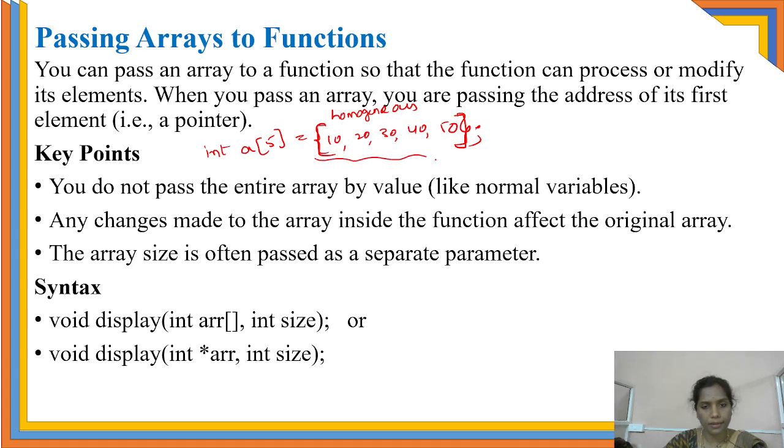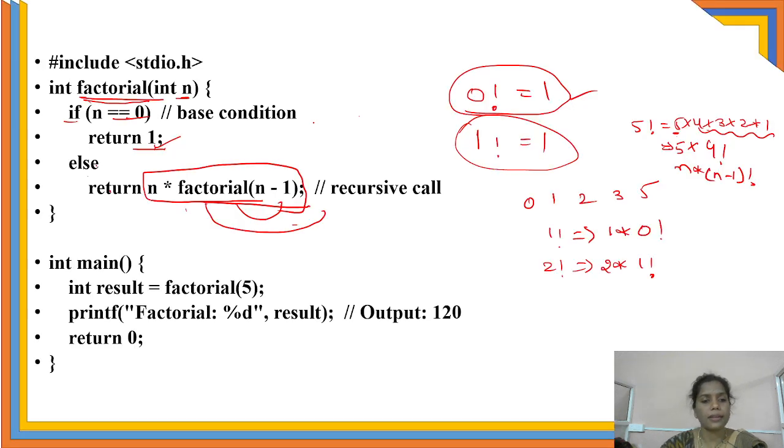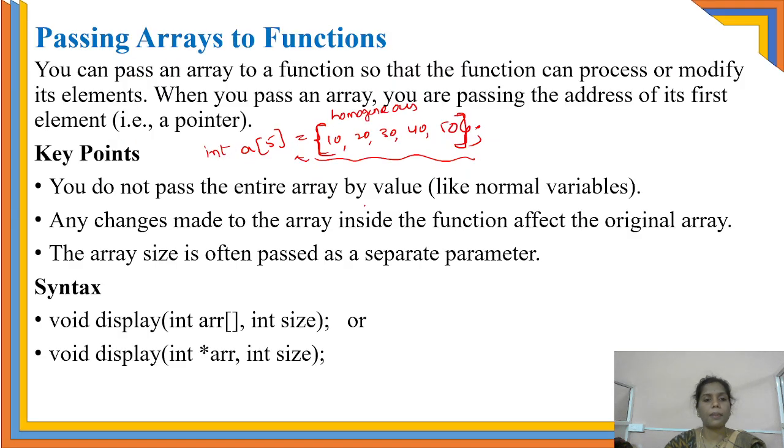You can pass this entire array to the function. See, in the factorial example we passed only one variable to the function. Like that we can pass an entire array to the function. How to pass the entire array? You can pass the address of the starting element.